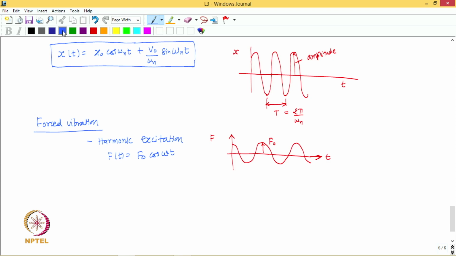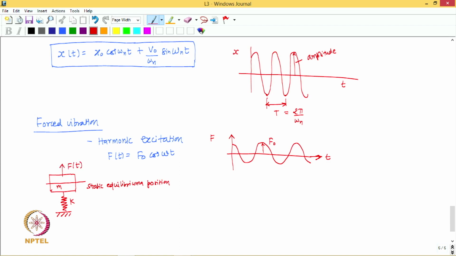Therefore, let us quickly make the system again. This is the static equilibrium position, and then we have the mass m, the stiffness k, and a force f of t acting on the system.